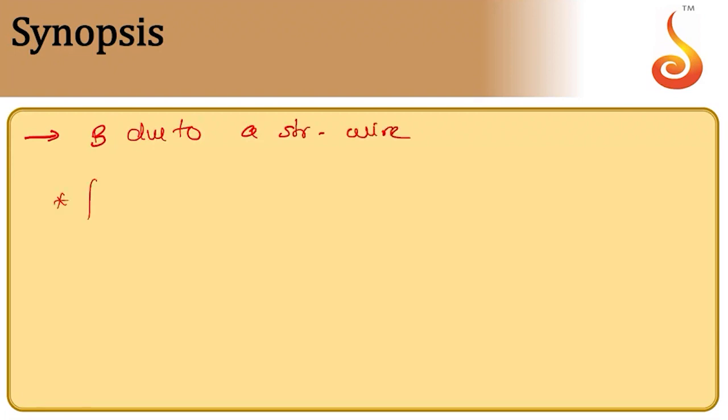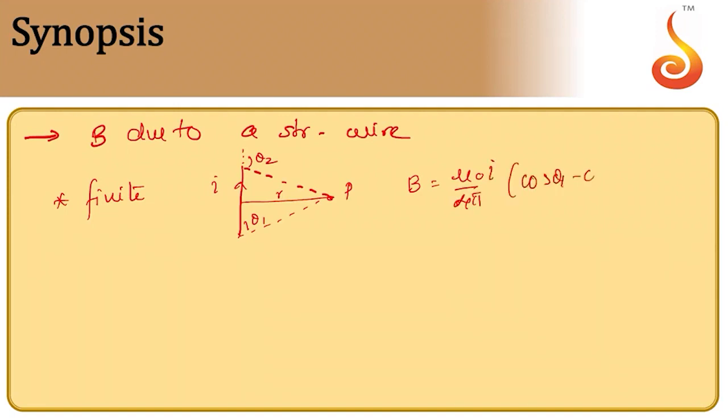If the wire is of finite length, for example, here is the current carrying conductor and the current is I, and this is the point under consideration at a perpendicular distance r, and suppose theta 1 and theta 2 are the angles subtended here, then we can write the magnetic field at that point as mu naught I by 4 pi d into cos theta 1 minus cos theta 2. Sometimes this is also represented in this form.